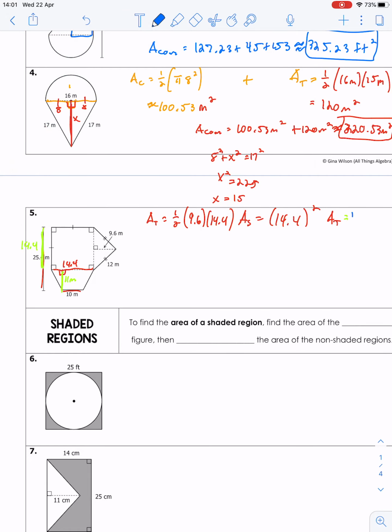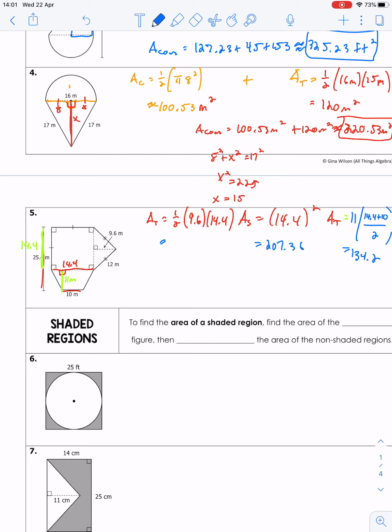It's going to be 11 times the average of the bases, which is going to give us, let's see, 134.2. Area of the square is going to give us 207.36.